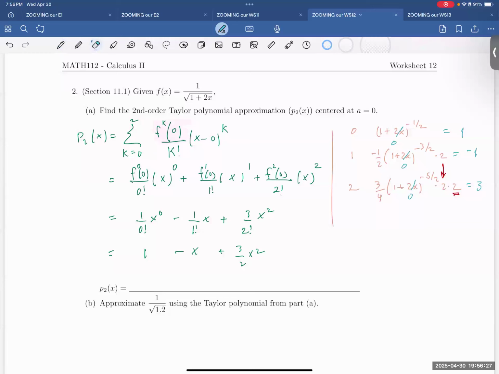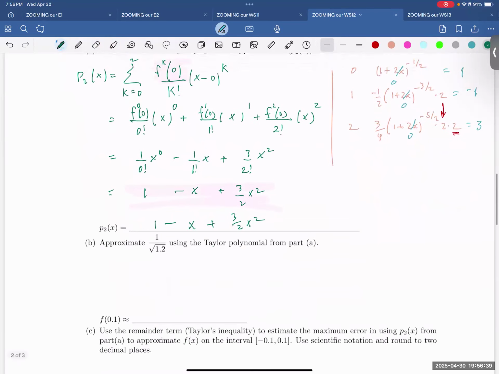That's our second degree Taylor polynomial. I guess if you write it in the box or on the line. There we go. Let's use that Taylor polynomial from part A to approximate 1 over root 1 plus 2.